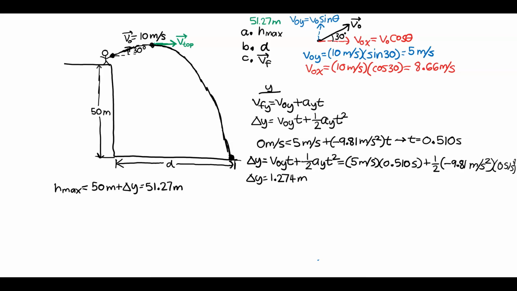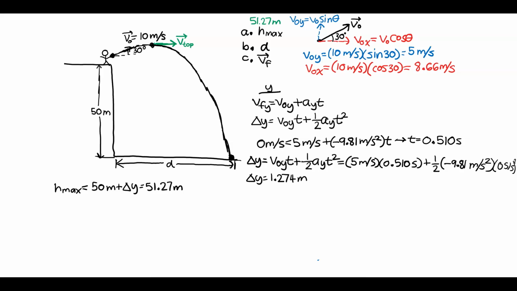Part B is a little more different. There are two ways you can do this, but we're going to start with the given values first. Excuse me.